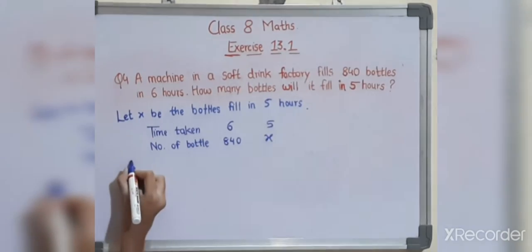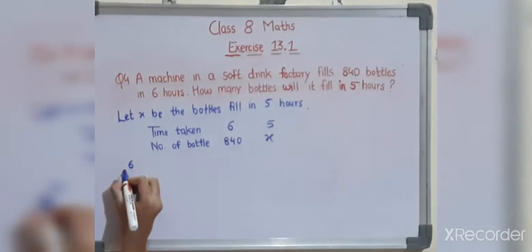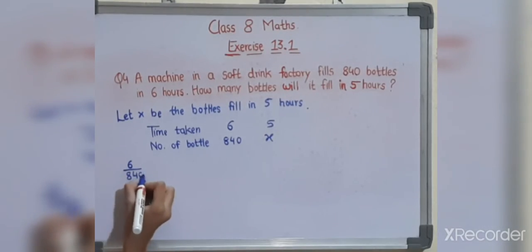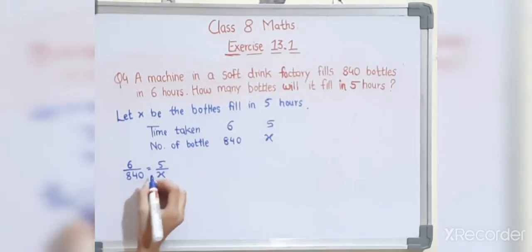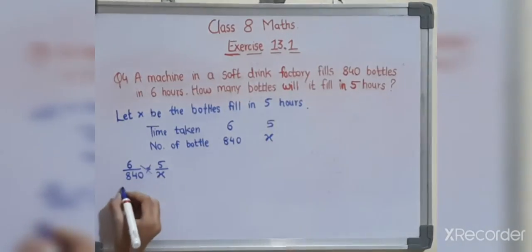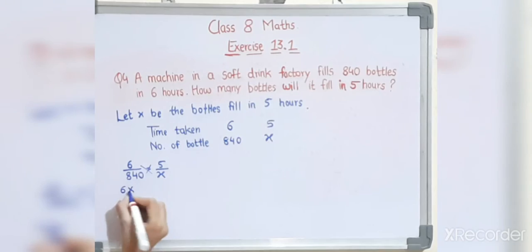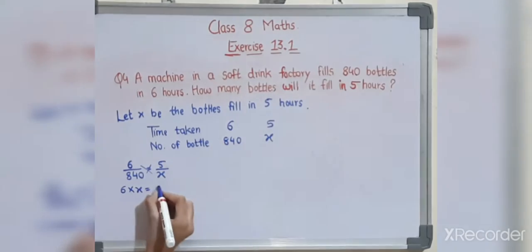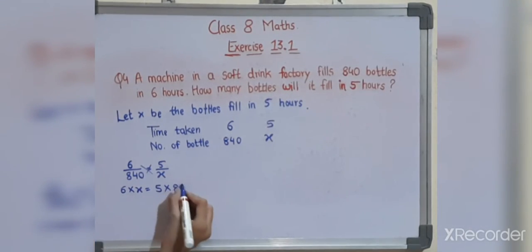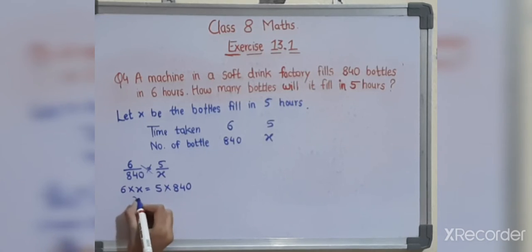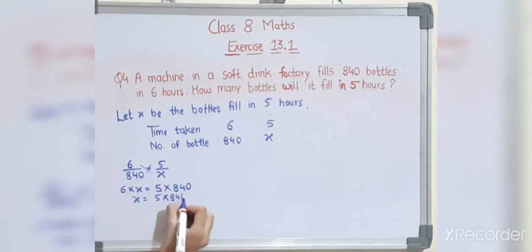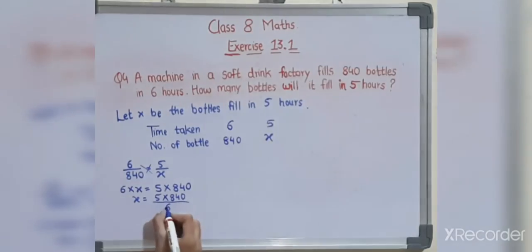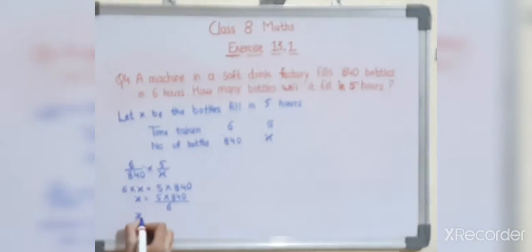So 6 upon 840 is equal to 5 upon X, which further on doing cross multiplication gives 6 into X is equal to 5 into 840. X is equal to 5 into 840 upon 6, which when divided gives 700.